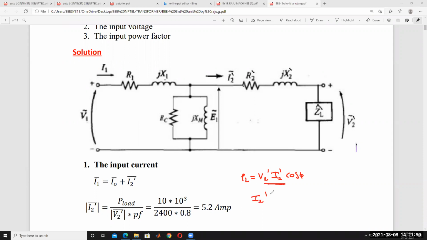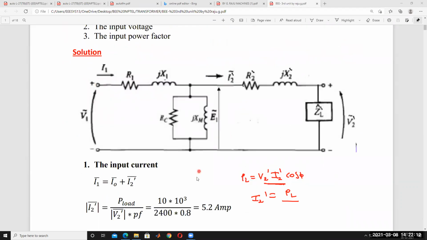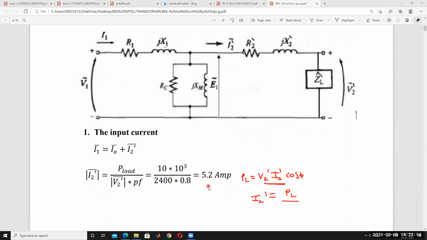I2 dash is PL, the power across the load, divided by V2 dash cos phi. The power across the load is 10 kilowatts. So you will get I2 dash. It's clear.